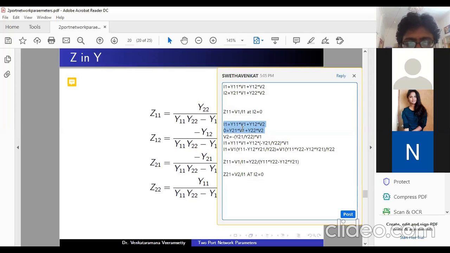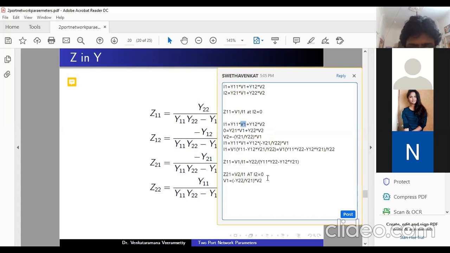We get it using this equation: V1 equal to minus y22 divided by y21 multiplied with V2. Now replace this V1 value here.